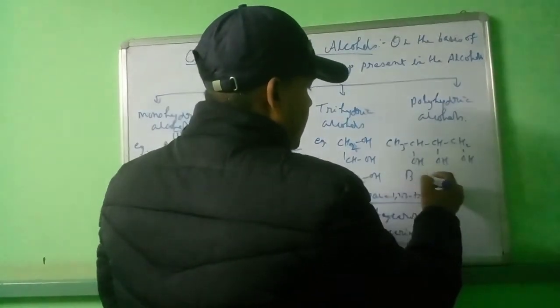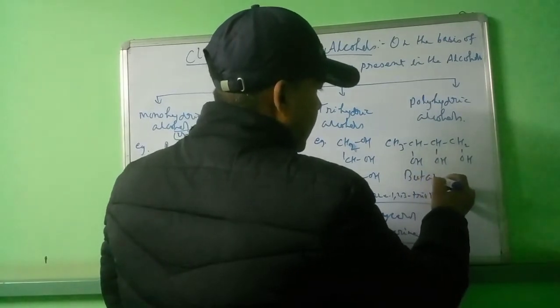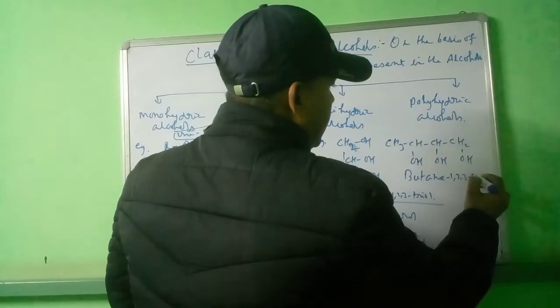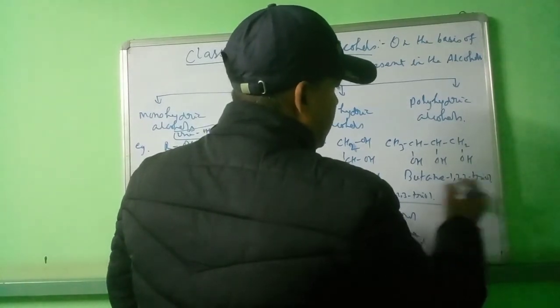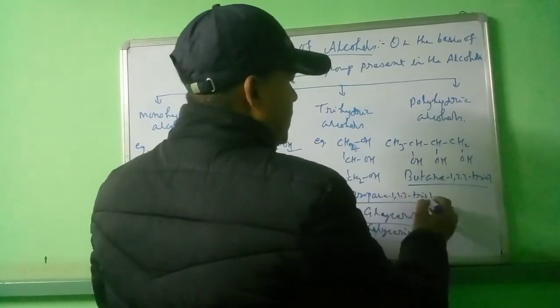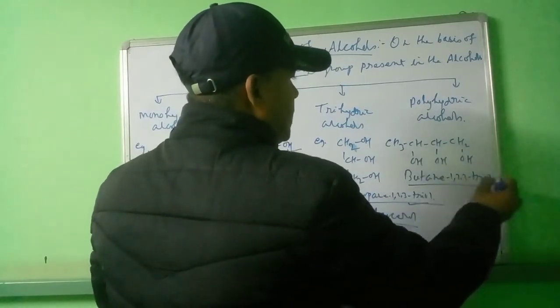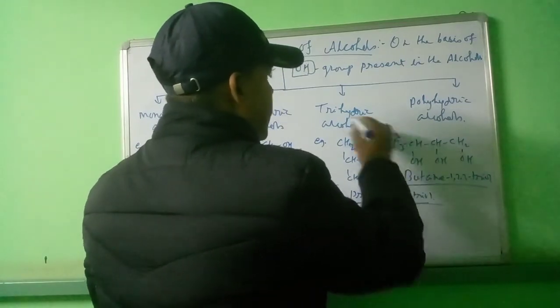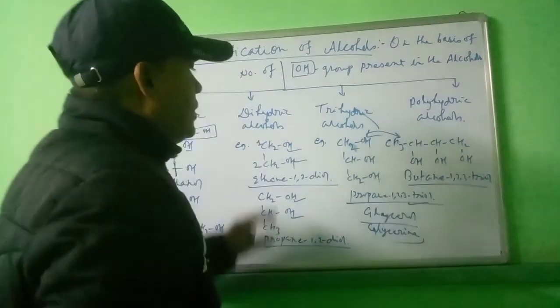So but is the word root, but plus ane, and the position of the OH groups 1,2,3-triol. So glycerol is propane-1,2,3-triol, and this is butane-1,2,3-triol. Both are trihydric alcohols.